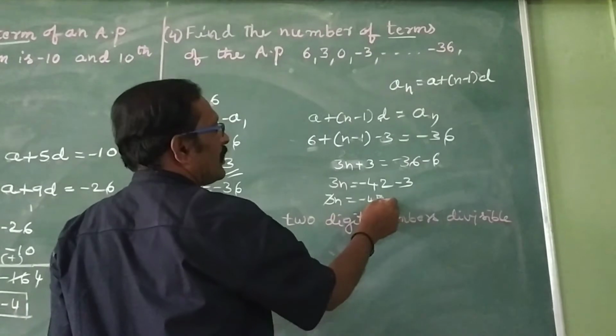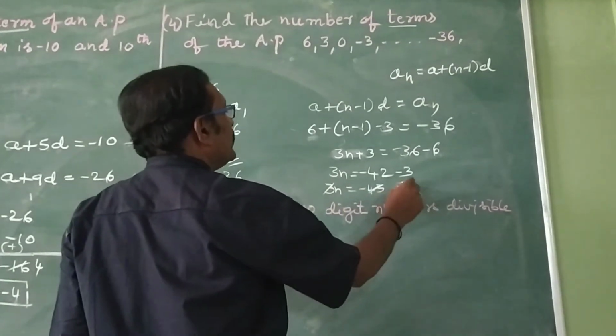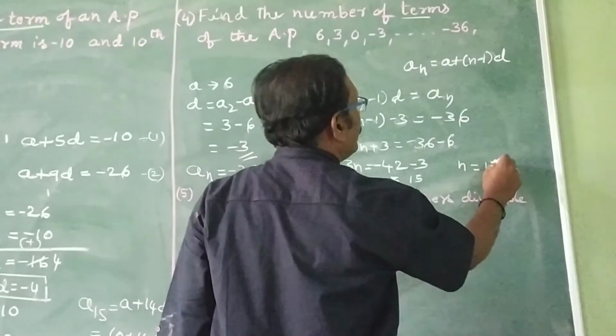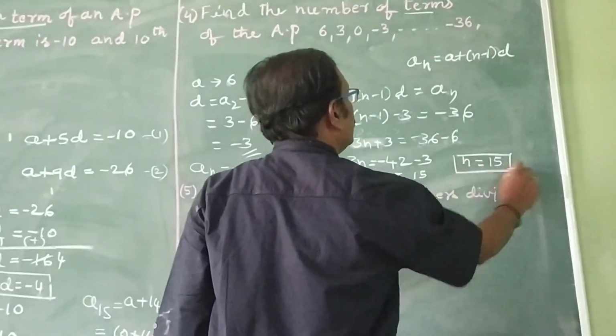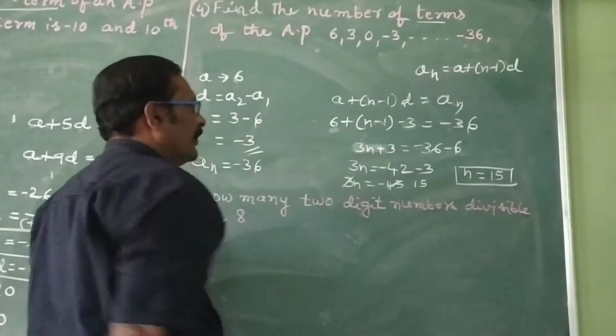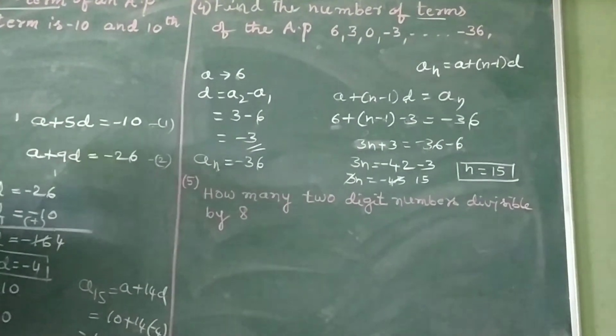Now 3 is a factor of 45; 3 fifteens are 45. So n is equal to 15. So minus 36 is the 15th term.